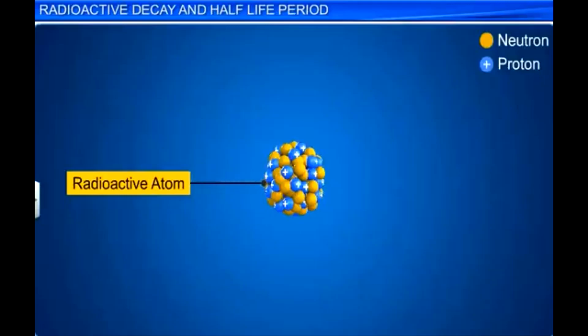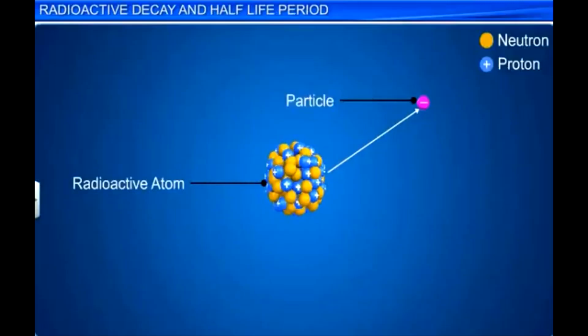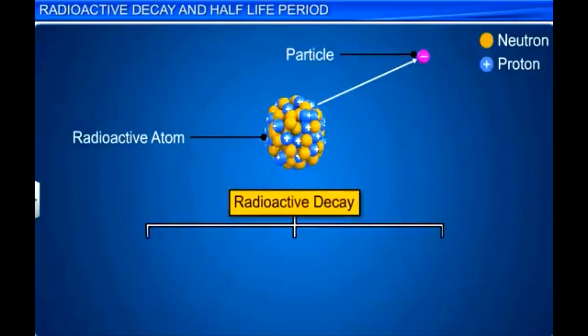Unstable nuclei can attain stability by emitting particles. A nuclear phenomenon in which an unstable nucleus undergoes decay is called radioactive decay. In nature, a radioactive nucleus can decay by three modes, namely the alpha decay, the beta decay, and the gamma decay.